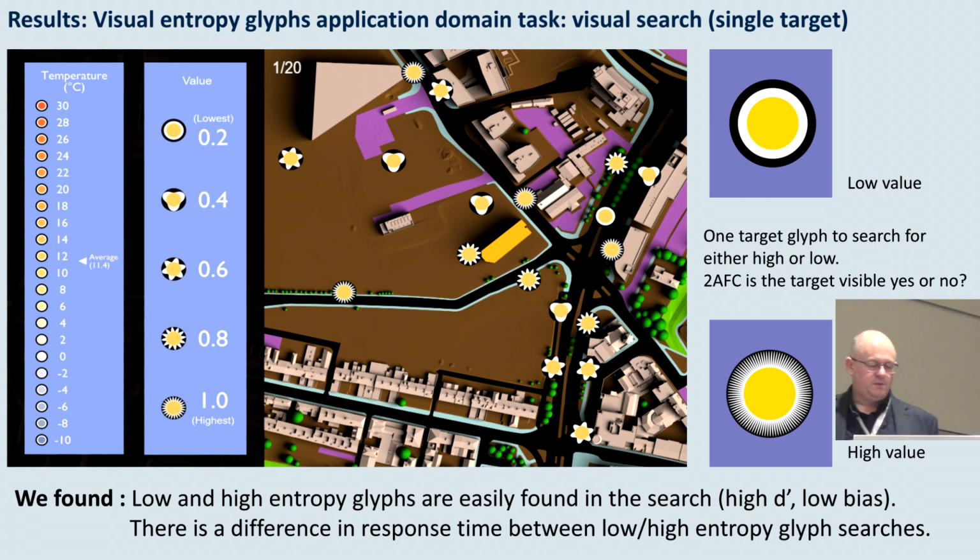And they could do this with a single detection test with high discriminability and low bias. The only thing that really came out of that was a difference in response time between the simpler glyphs and more complex ones. And we tend to see that, but these are close to the limit of visible on the displays we're testing on, so that's probably not so surprising.